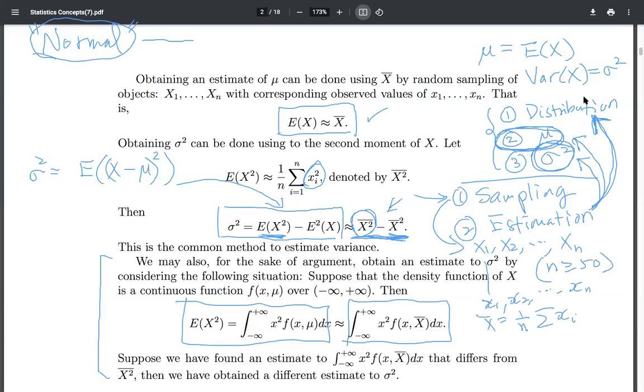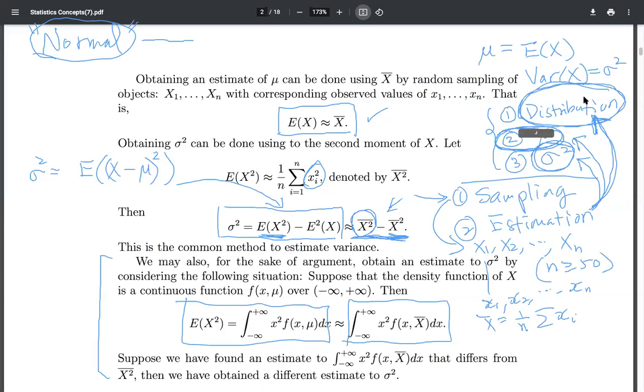So how do I estimate? Sampling. From sampling, I can estimate expected value and variance, okay? Now variance means how far apart from the expected value. So we can estimate this, and then we can also estimate distributions, okay?